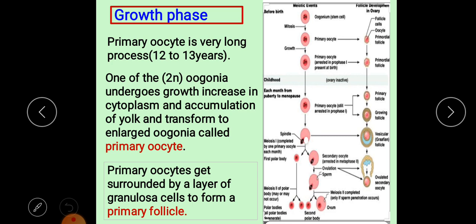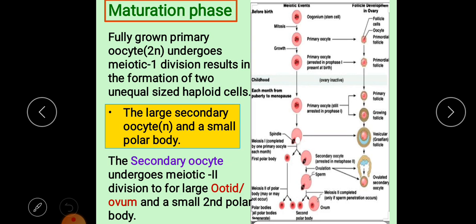And when it reaches the maturation phase, what happens here? In the tertiary follicle there is a fluid-filled cavity, that is the antrum space, which we already discussed.